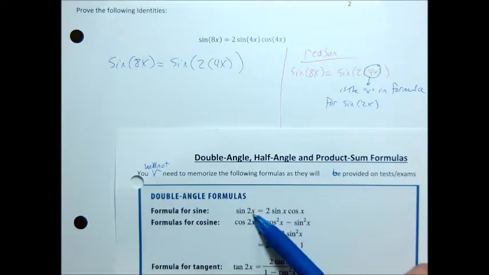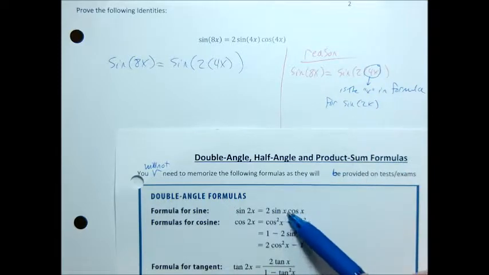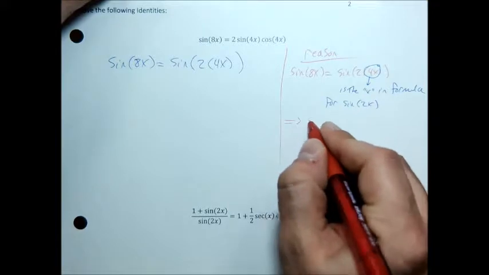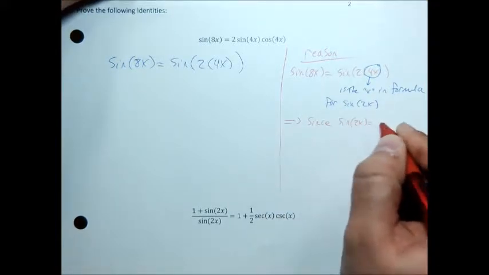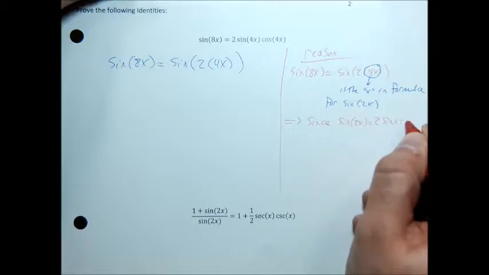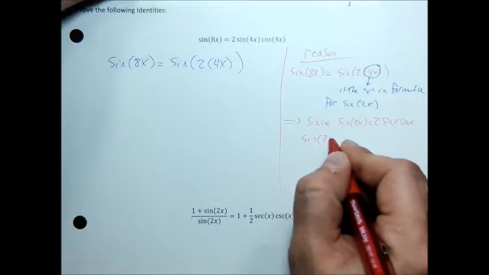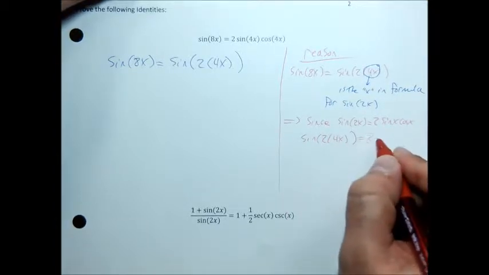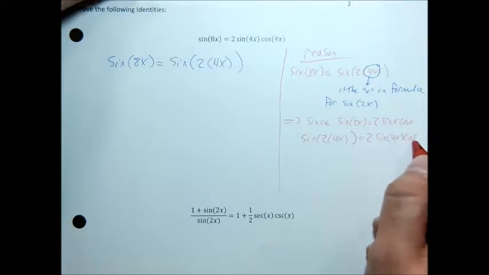And so this x in the equation is like the 4x in here. And so we get a 4x on both of the other side too. And so then, since sine of 2x equals 2 sine cosine, sine of 2 times 4x equals 2 sine of 4x cosine of 4x.